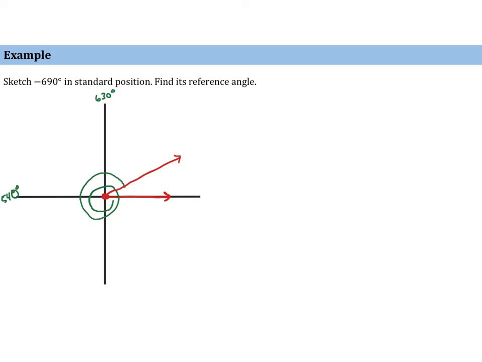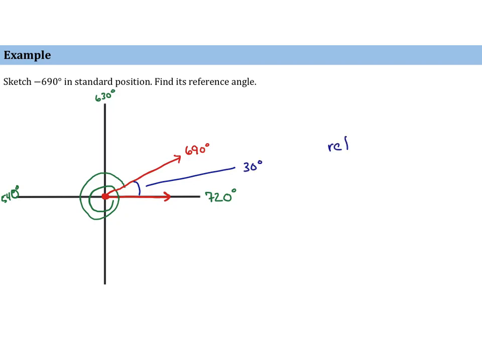And if I were to go to the positive x-axis, that'd be 720 degrees. So how much is this? Well, if this is 690, then this is simply 30 degrees.